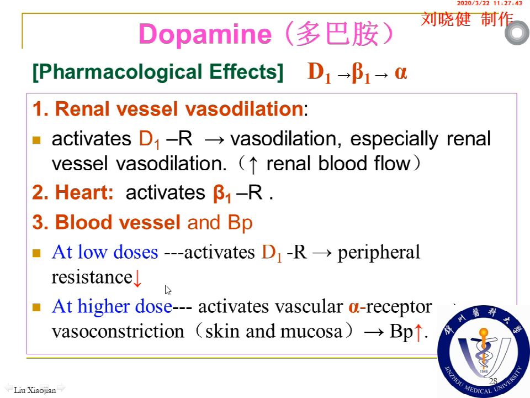When it is used at higher dose, it can also directly activate the vascular alpha receptor, so it induces vasoconstriction, especially of blood vessels in skin and mucosa. So blood pressure increases obviously. So try to think of what conditions the body requires this result. Increased blood pressure. Yeah, hypotension. Yes, shock. Maybe you think of that.